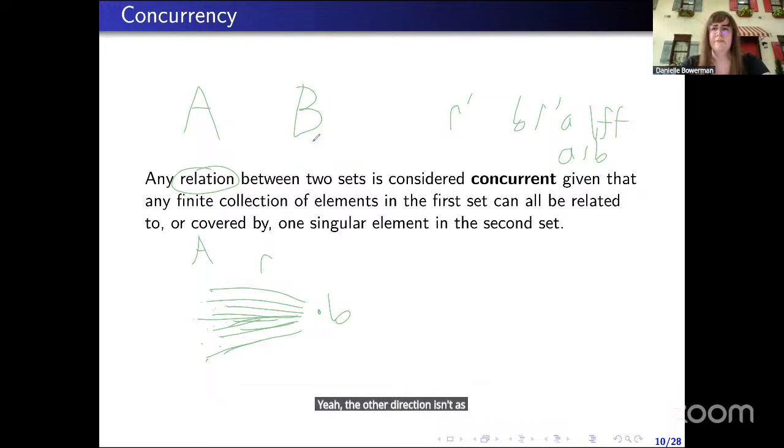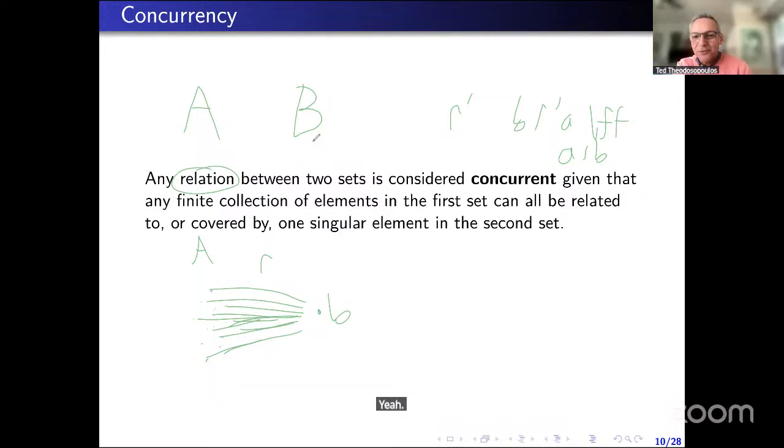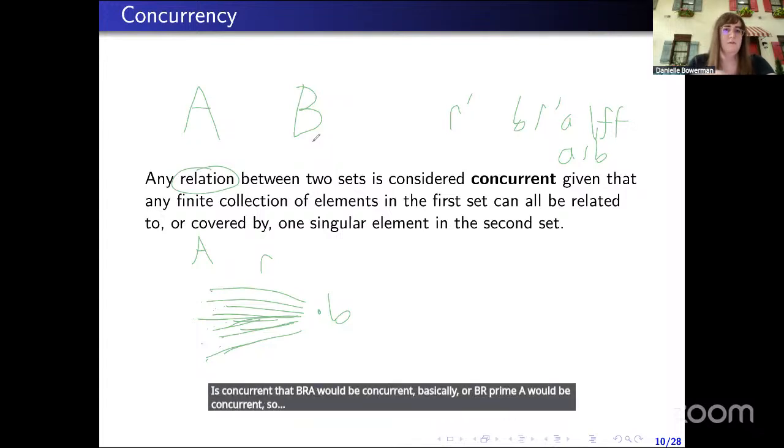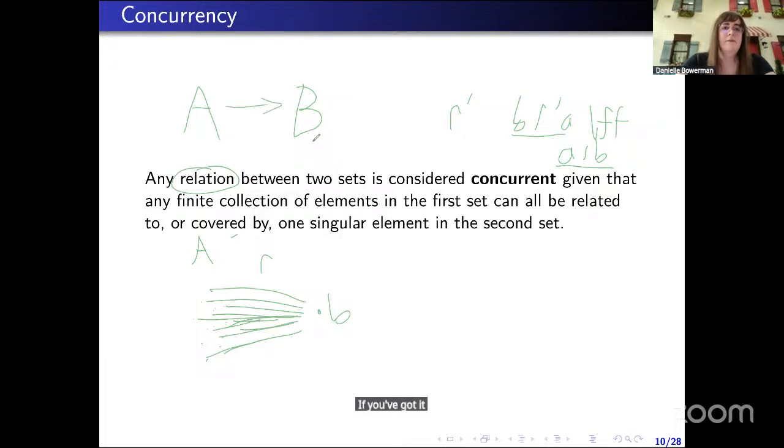In the sense of bidirectional, it's not true that if A R B is concurrent, then B R A would be concurrent, or B R prime A. So you could define a relation to prove concurrency one way or the other, but it's not guaranteed that if you've got it working this way, you can get it working the other way.